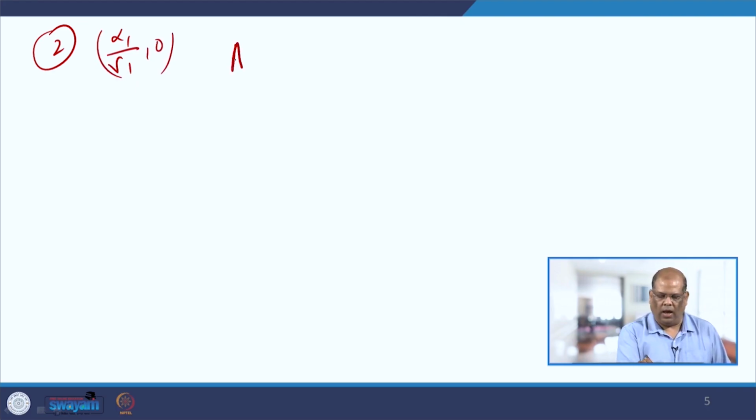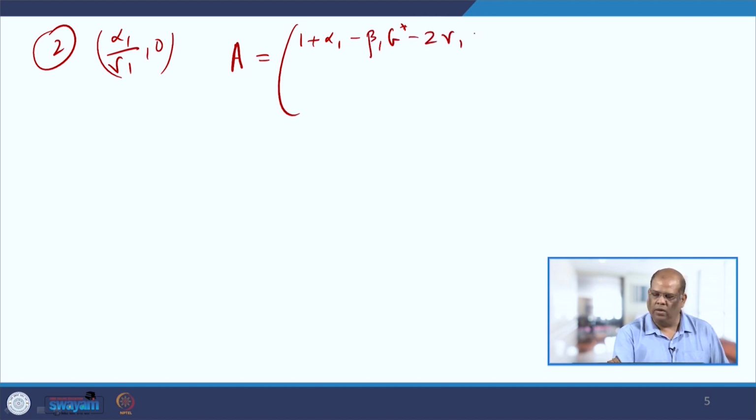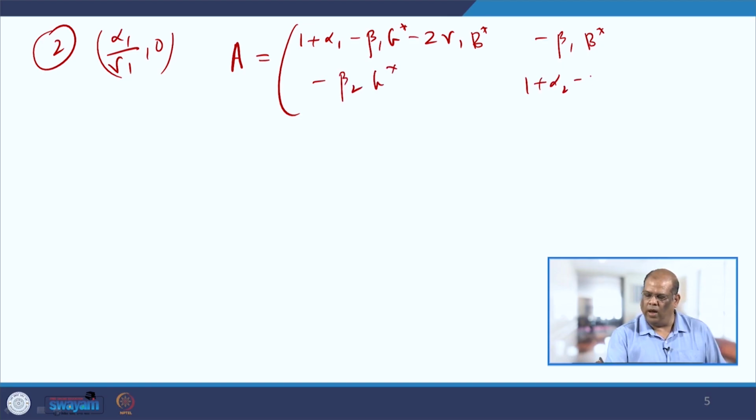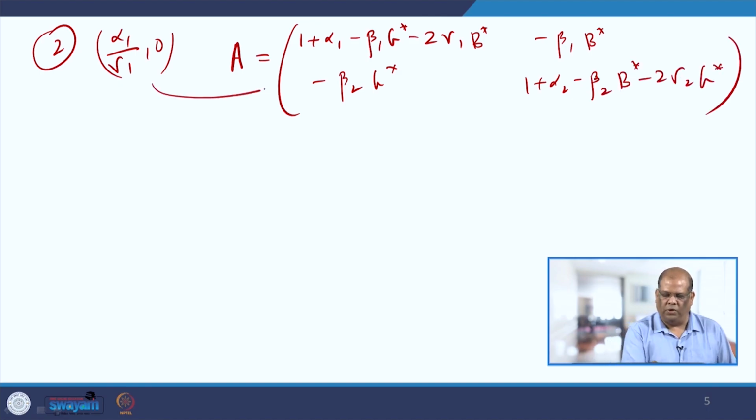So, your A, which is 1 plus alpha 1 minus beta 1 G star minus 2 gamma 1 B star, minus beta 1 B star, minus beta 2 G star, and 1 plus alpha 2 minus beta 2 B star minus 2 gamma 2 G star. You substitute the values here, and G star is 0.